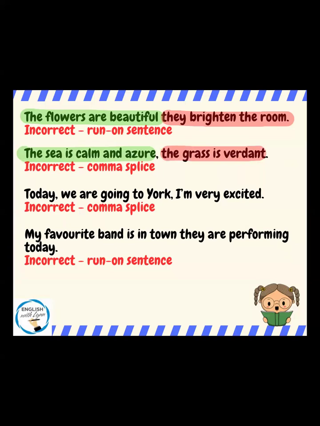So this part here, "today we are going to York," is my main clause, and "I am very excited" is a second main clause. And then the final one, the run-on sentence, is harder to spot. I need to look for it and I need to spot my main clauses. And I am looking here and I can see my first main clause. "My favourite band is in town" is the first main clause.